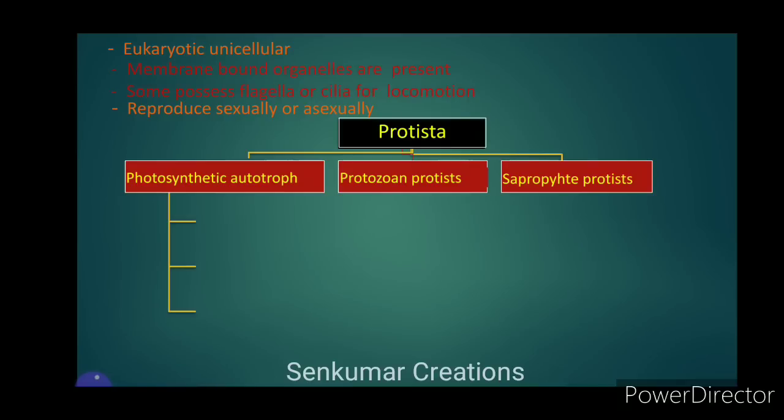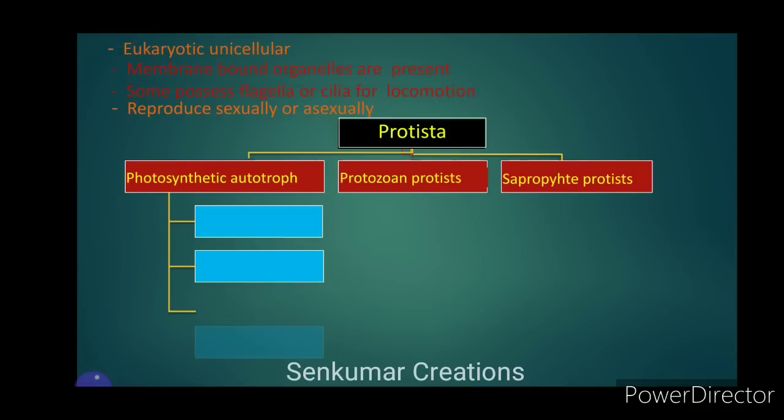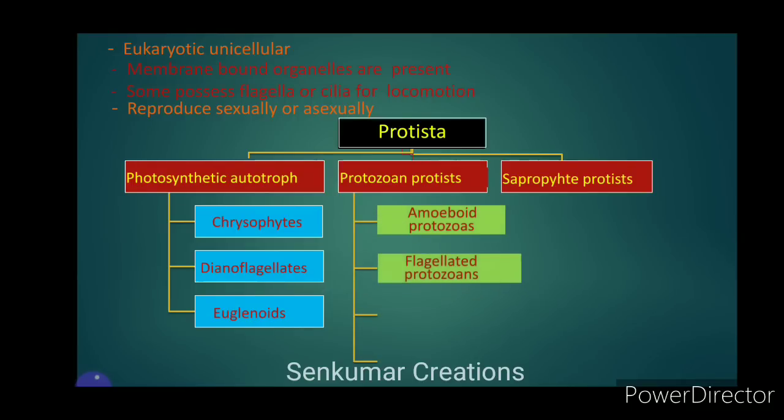Photosynthetic autotrophs again can be classified into three groups. The first group is the chrysophytes, the second one is the dinoflagellates, and the third one is the euglenoids.